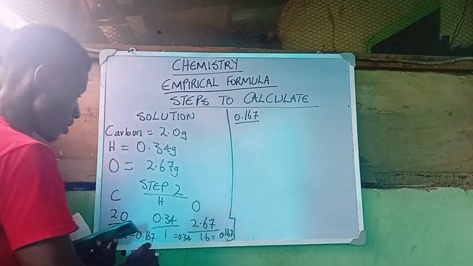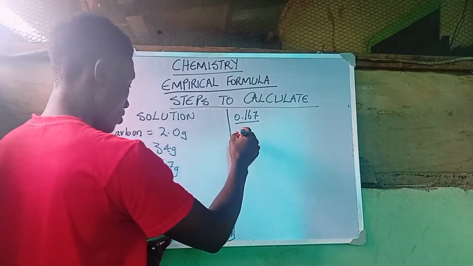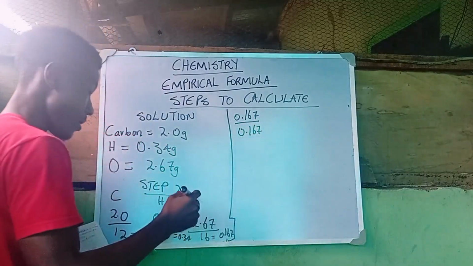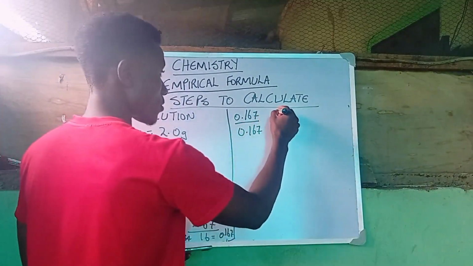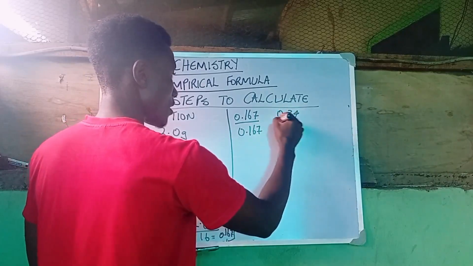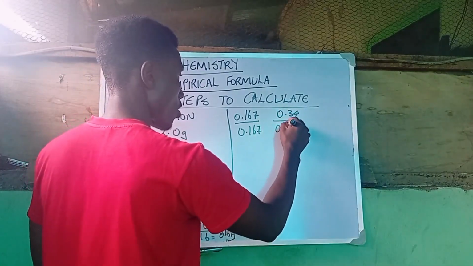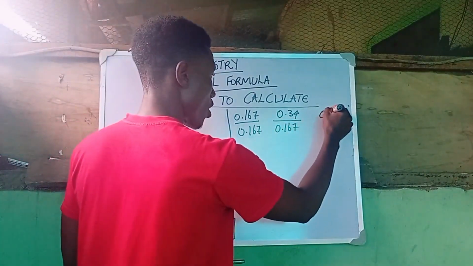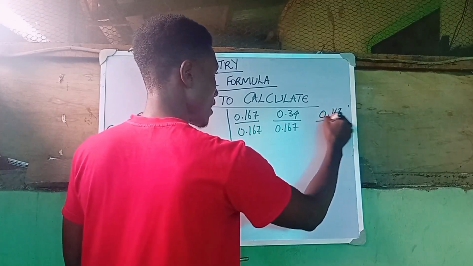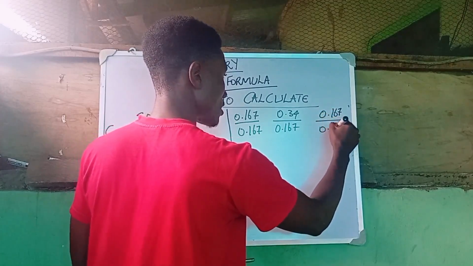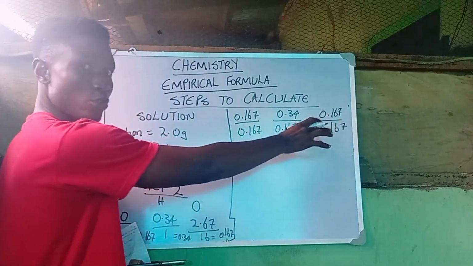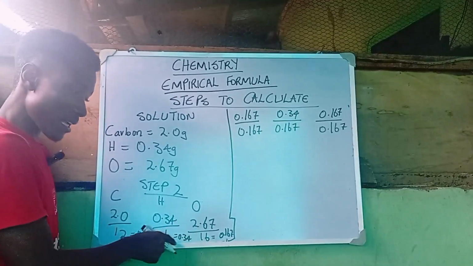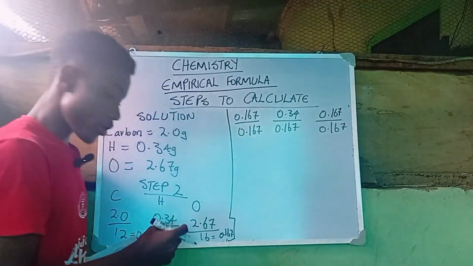So 0.167 divided by 0.167. Then we have 0.34, so we say 0.34 divided by 0.167. And we also say 0.167 divided by 0.167. These are not just numbers that I am formulating. We are getting them from the previous answer, dividing all by the smallest value.